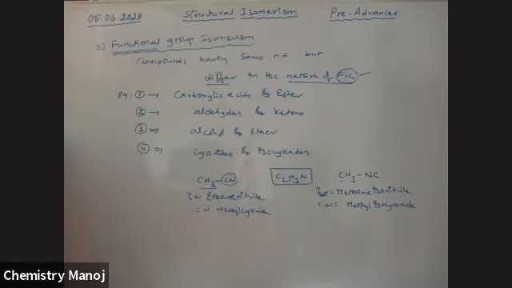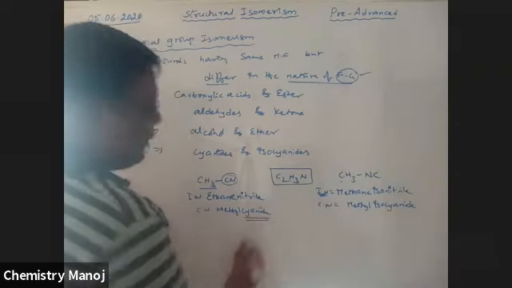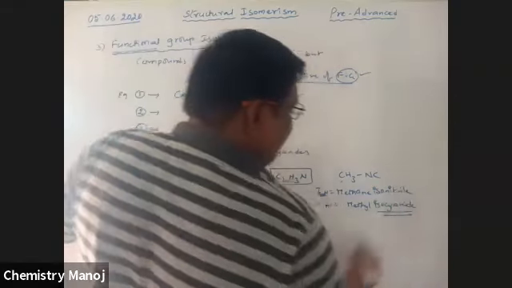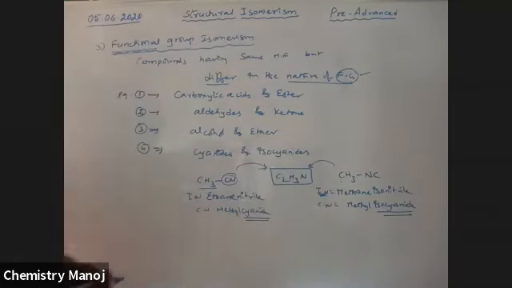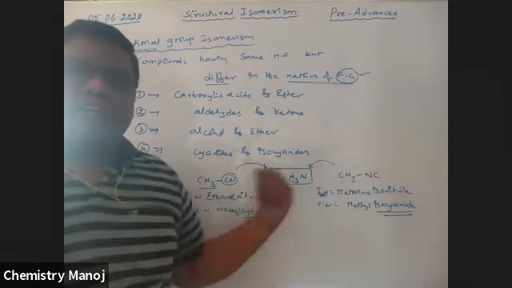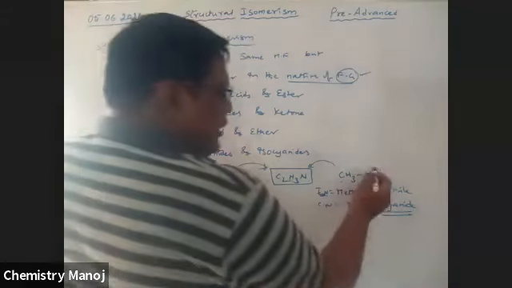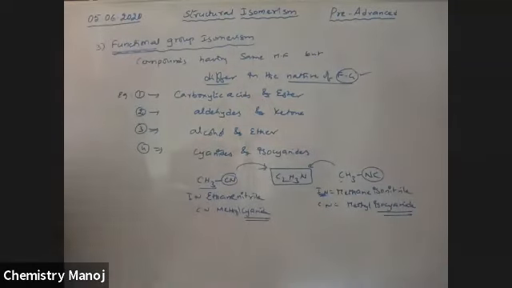So once again, one is a cyanide compound, the other is an isocyanide compound, but both have the same molecular formula. So the molecular formula is the same, but the functional groups are different. One is the cyanide functional group, another one is the isocyanide functional group. That is why cyanides and isocyanides are functional isomers.